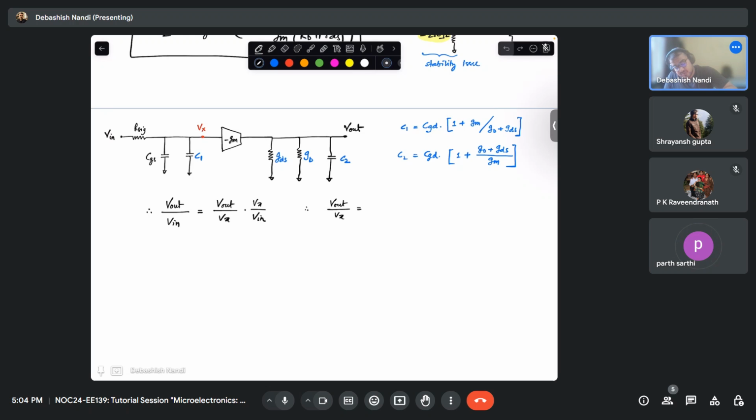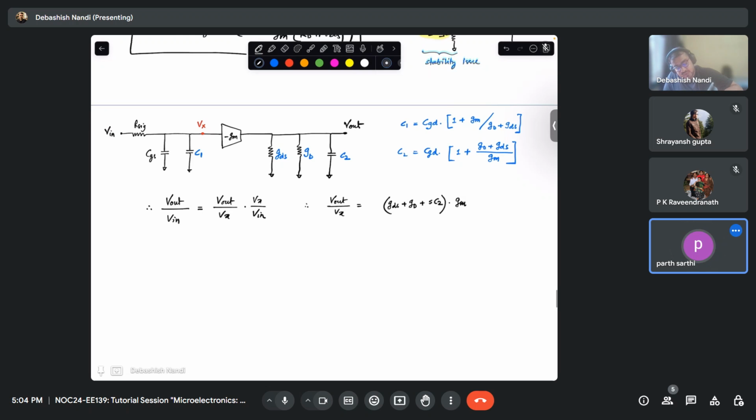GDS plus GD plus SC2, and GM divided by this.